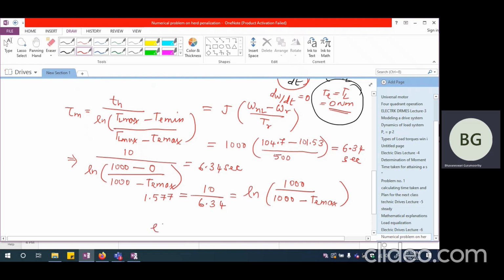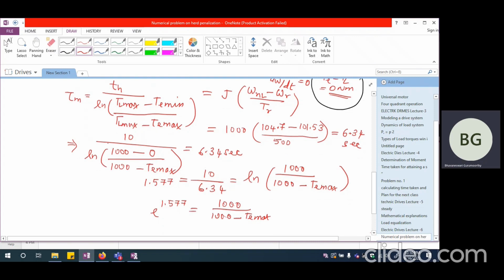So I should be able to write e power 1.577 equal to 1000 divided by (1000 minus TE max), from which we are able to solve for TE max.